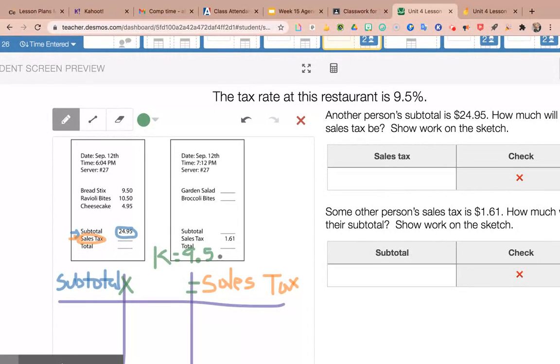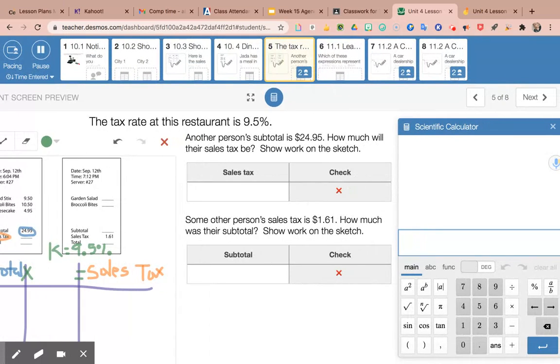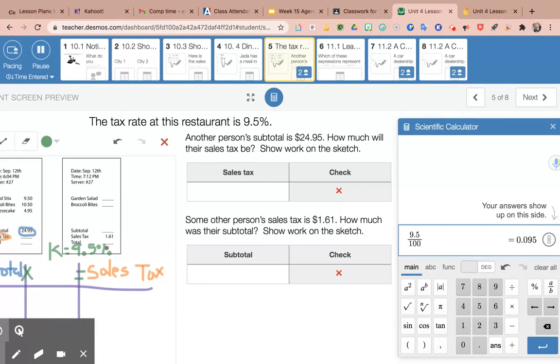So I need to convert this 9.5%. And so if I'm going to take the percent away, I'm going to divide it because it's out of 100. So if I want to convert this percent to a number, because the K is not usually a percent, I just take it out of 100 because percents are out of 100.